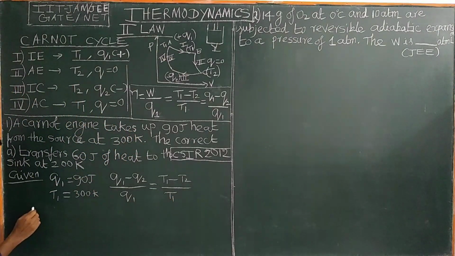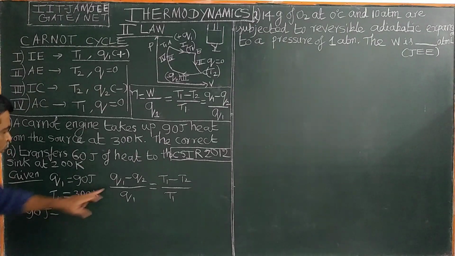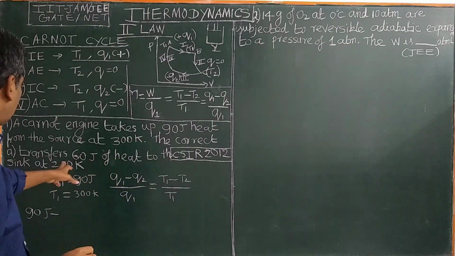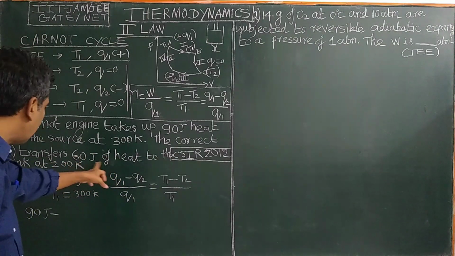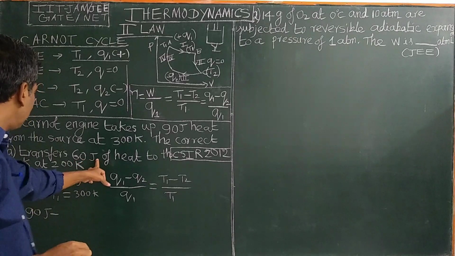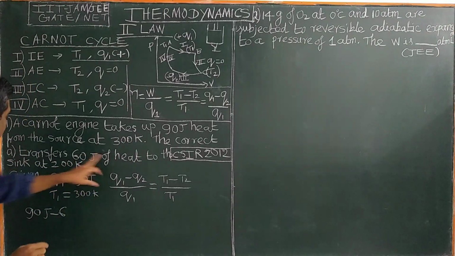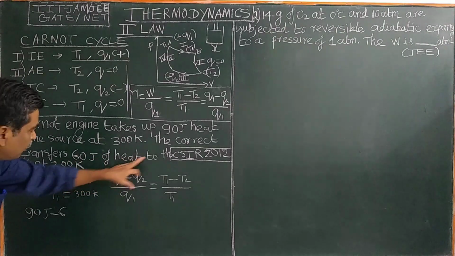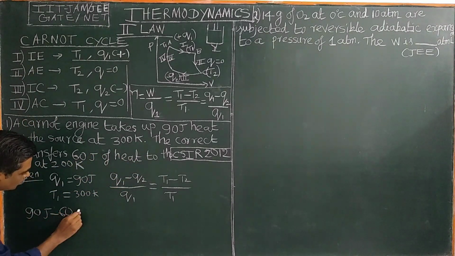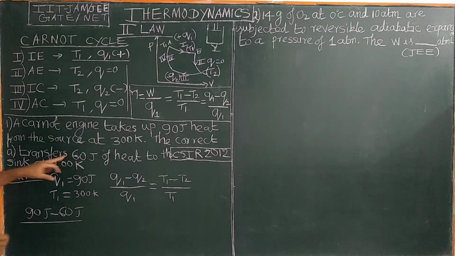You substitute Q1 as 90 joule, minus Q2. Q2 is given in the answer, for example, Q2 is 60 joule, the heat given to the sink. Therefore, divided by 90.